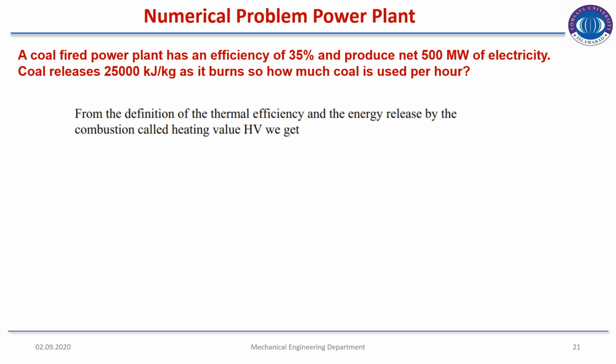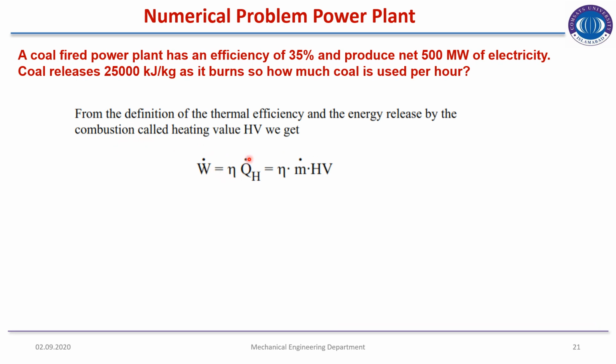From the definition of the thermal efficiency and the energy released by the combustion, called heating value, we get, as you know, the formula for efficiency is W dot over Q dot H. Therefore, W dot is efficiency times Q dot H, and Q dot H is replaced by M dot times heating value. HV is the heating value.